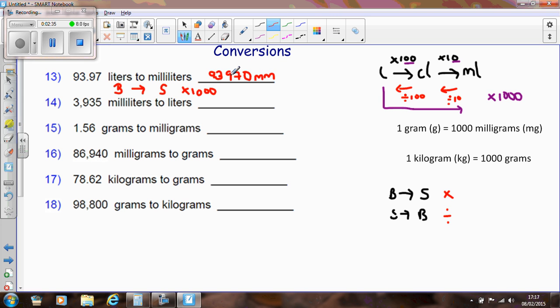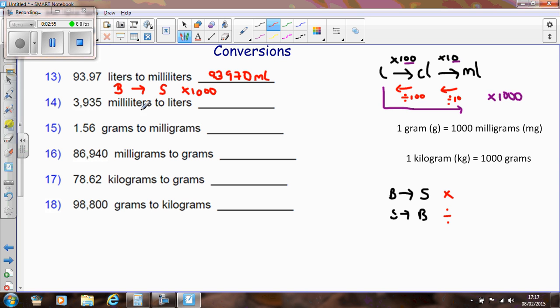So there are 93,970 millilitres in 93.97 litres. Oh, I put millimetres, it's millilitres, isn't it? So you might get confused. Millilitres. Because it's liquid, it's not length.